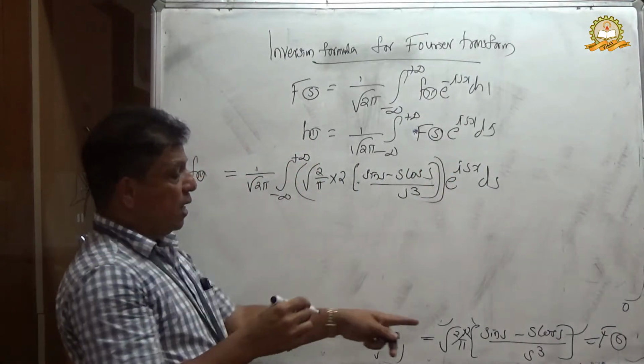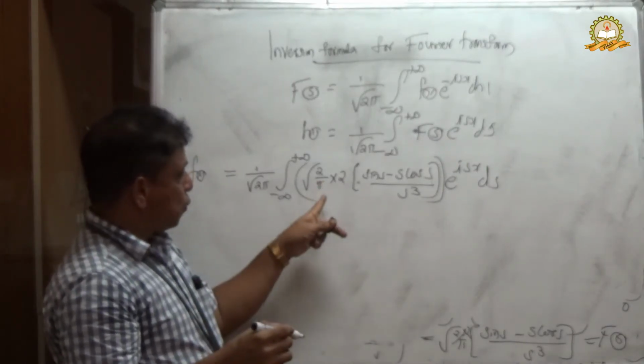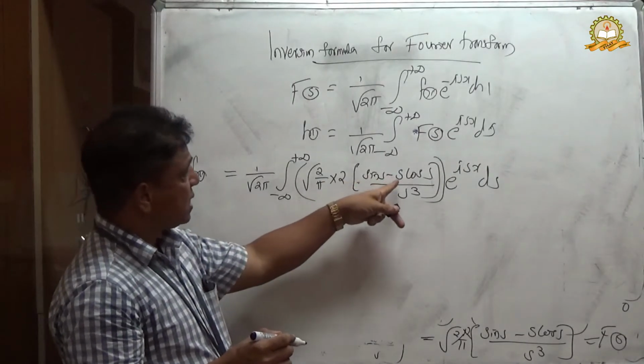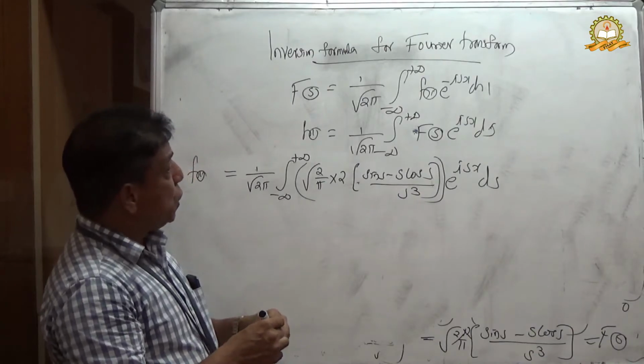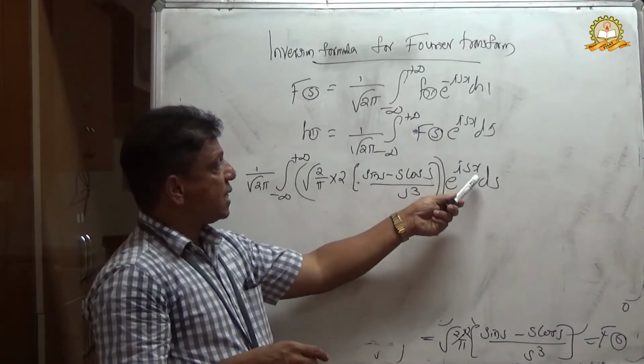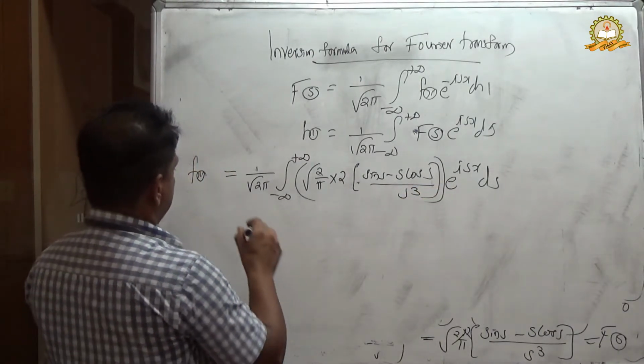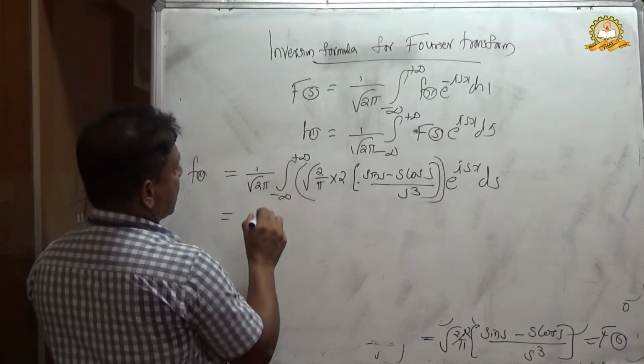We already discussed this result. Root of 2 by pi into 2 sin s minus s cos s by s cube into e raised to isx ds. Then root 2 and root 2 cancel.